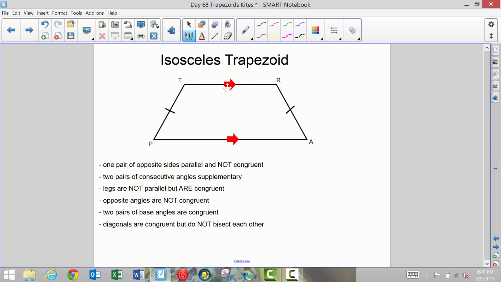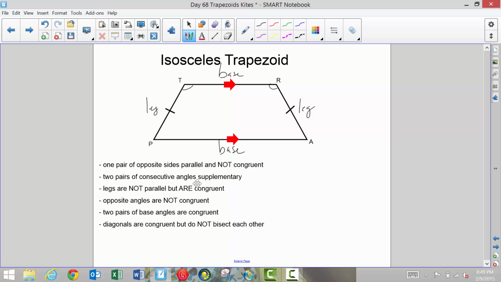Then you have the isosceles trapezoid. So again, you have the bases that are parallel. And notice here that the legs are also congruent. Also, with the isosceles trapezoid, you have angle T and R the same. So you have two pairs of consecutive angles supplementary.